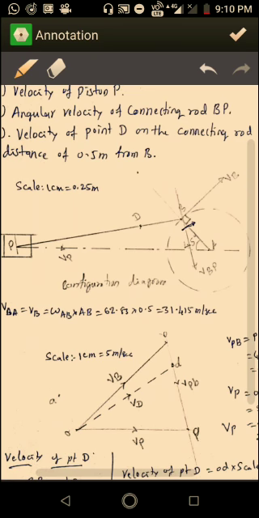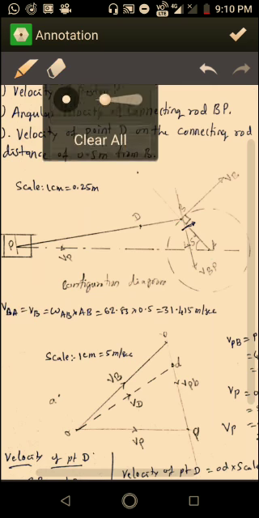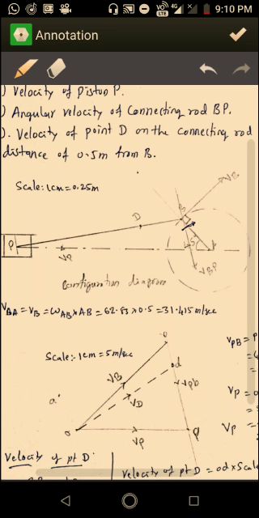Before that, the velocity of B with respect to A is velocity of BA. That will be equal to VB, because the fixed point gives the absolute velocity. So VB equals omega AB into AB, because v equals omega into r, the relation between the linear velocity and the angular velocity.